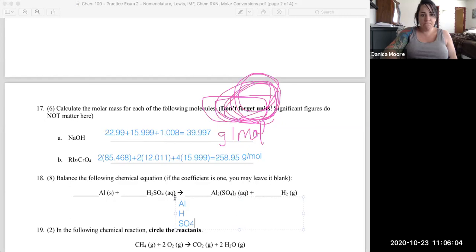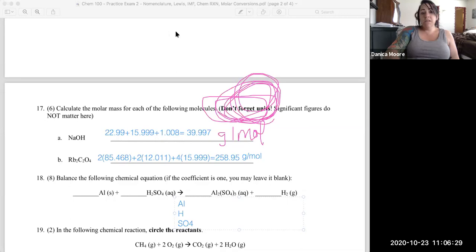In a problem like this, whenever we see a polyatomic ion, I'm always going to leave the polyatomic ion together when I'm doing the balancing. It just makes life much easier, unless you see the polyatomic broken down on the other side, which happens sometimes but is pretty rare.